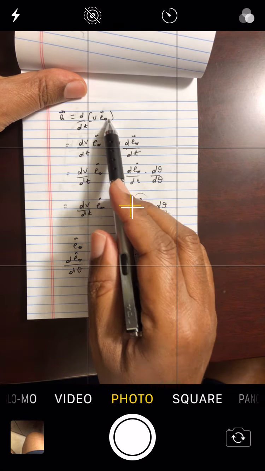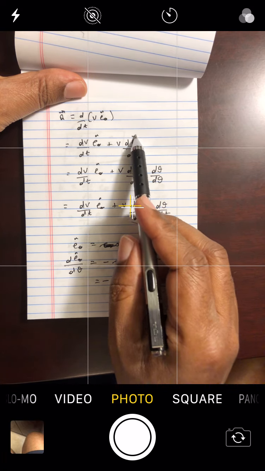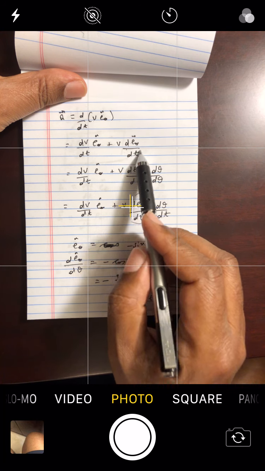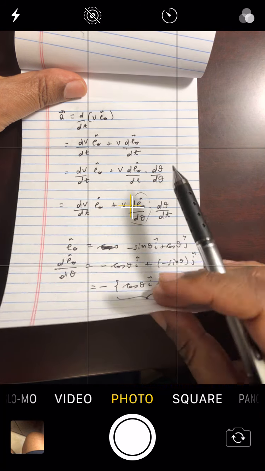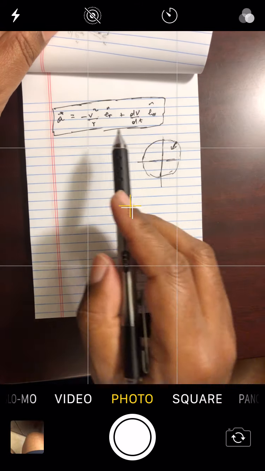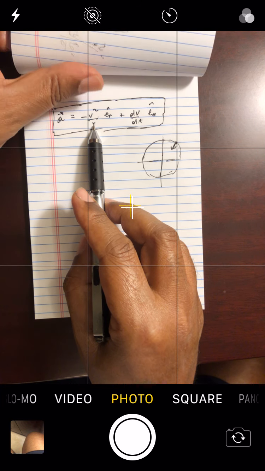Well, this term over here is acceleration due to change of direction, because this unit vector has magnitude 1, it has only directional properties. So this term is acceleration due to change of direction, and it's called centripetal acceleration.